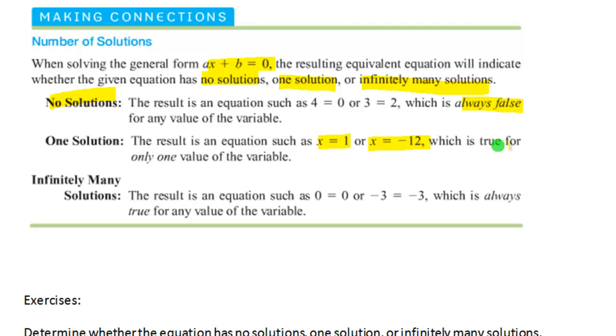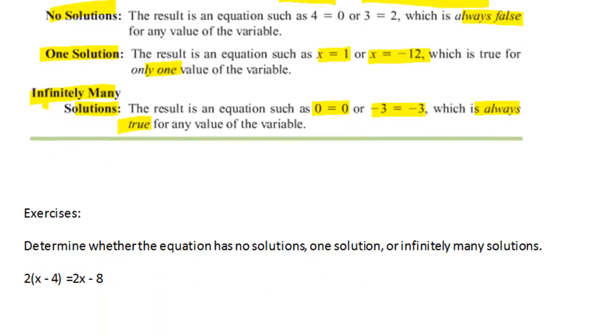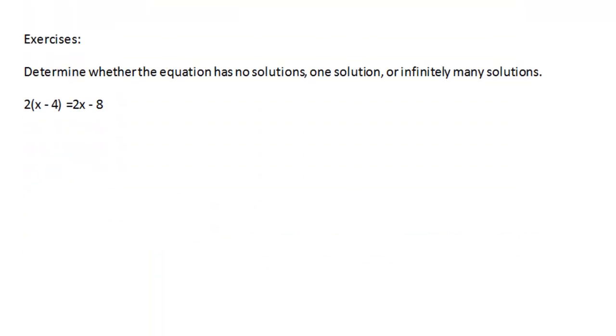If you are able to solve for x and get one value and then check and it works, then you get your solution. And if, however, your variable drops out and you end up with a statement that's always true, like 0 equals 0 or negative 3 equals negative 3, then you have infinitely many solutions because every value of x works.